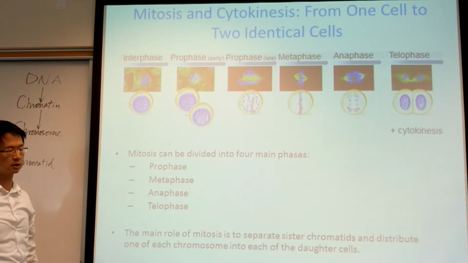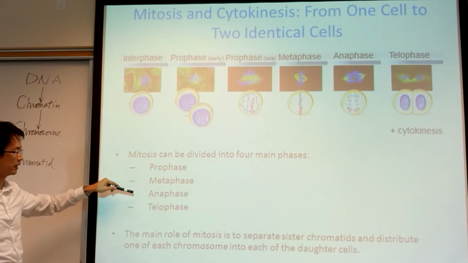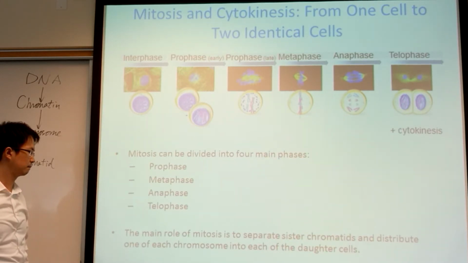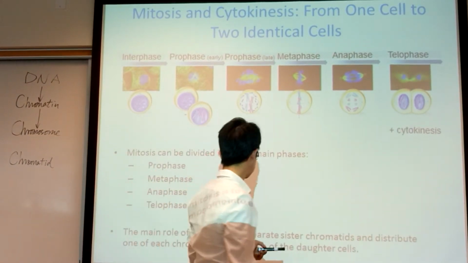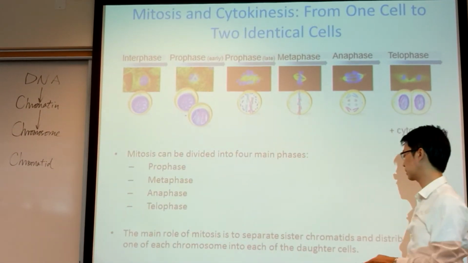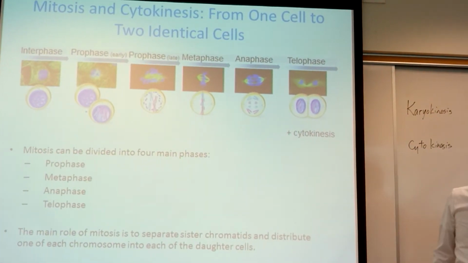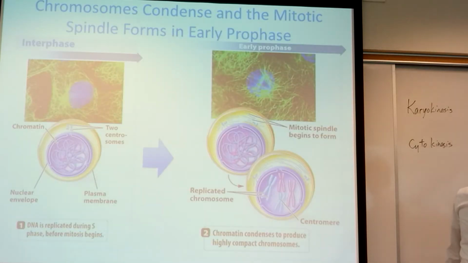You can break it down into prophase, metaphase, anaphase, and telophase. The main role of mitosis again is to separate sister chromatids so that each daughter cell will have one.